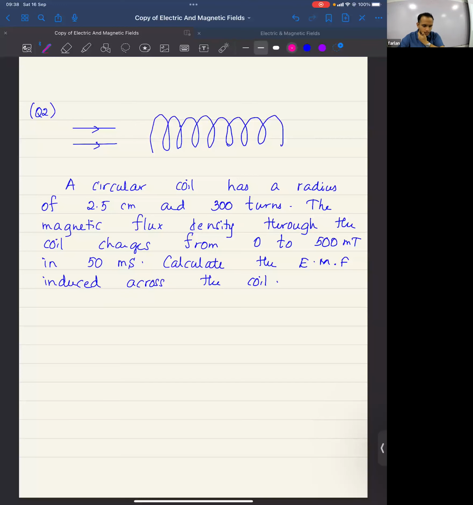The magnetic flux density through the coil changes from 0 to 500 millitesla in 50 milliseconds.